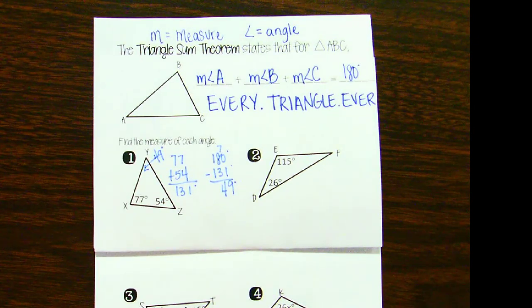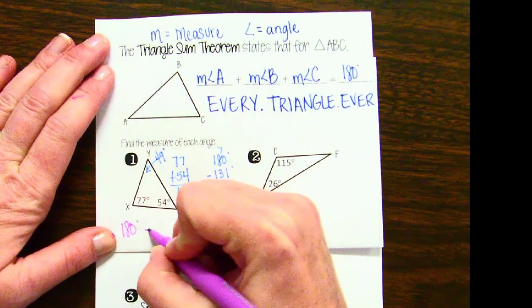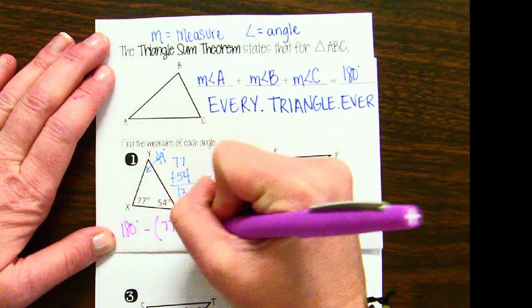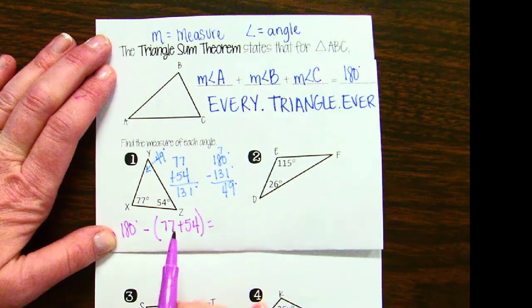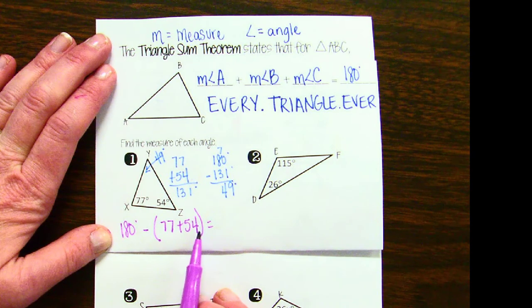Another way to do it, to take care of business in one quick expression, would be 180 minus parentheses 77 plus 54 close parentheses, and equal. Order of operations says do parentheses first.